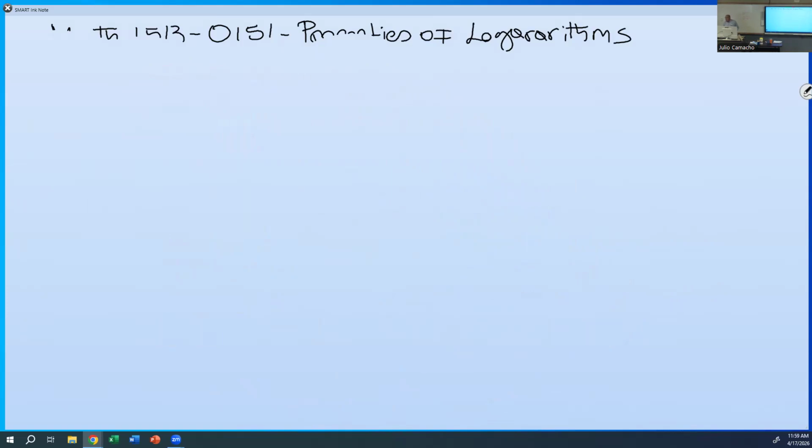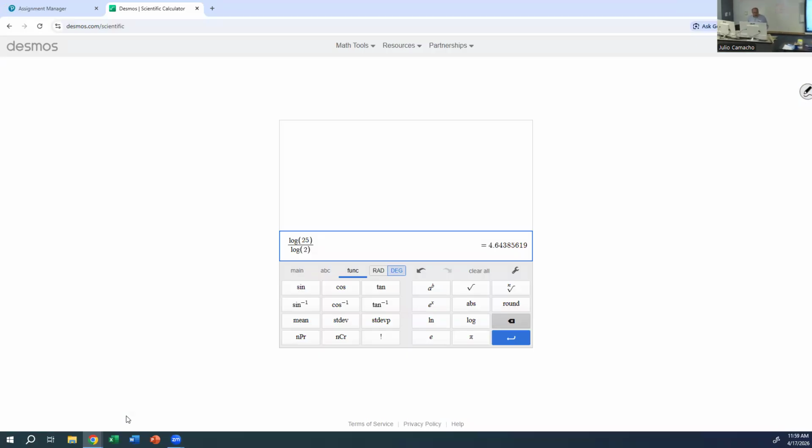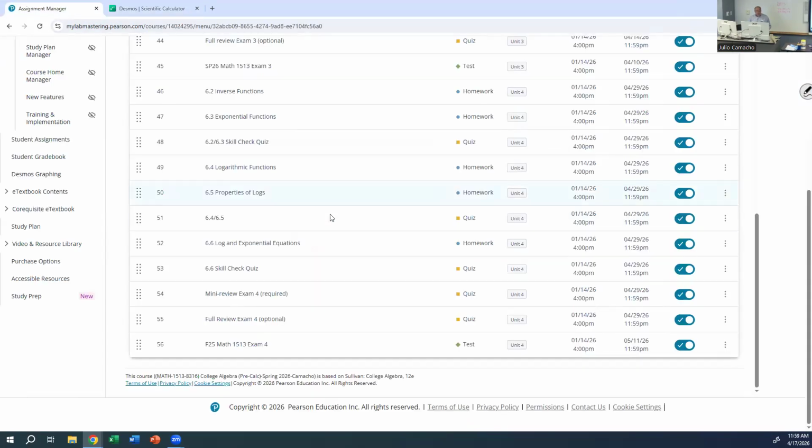Let me go back to our schedule. You can see we are doing properties of logs, section 6.5, today. Monday, we will work on log and exponential equations, and that is the last class for exam number 4.